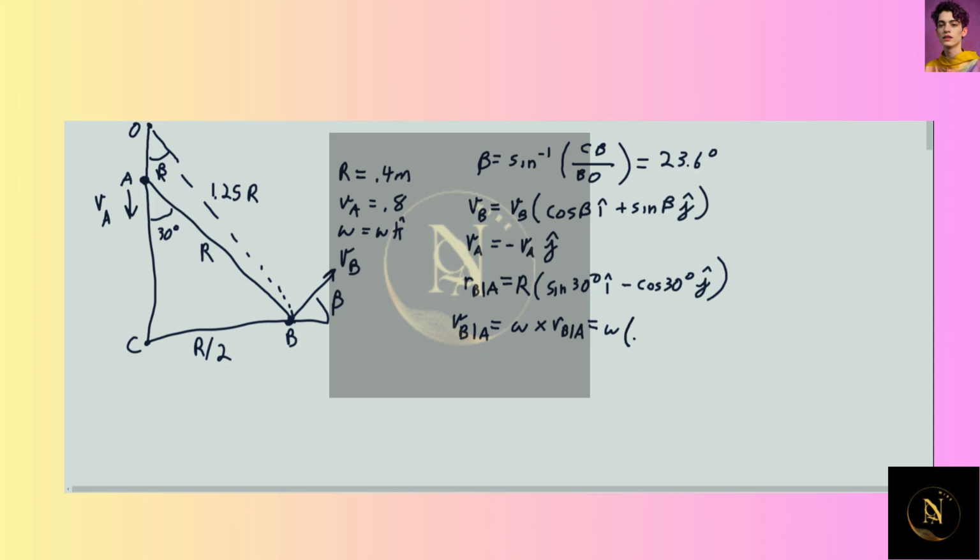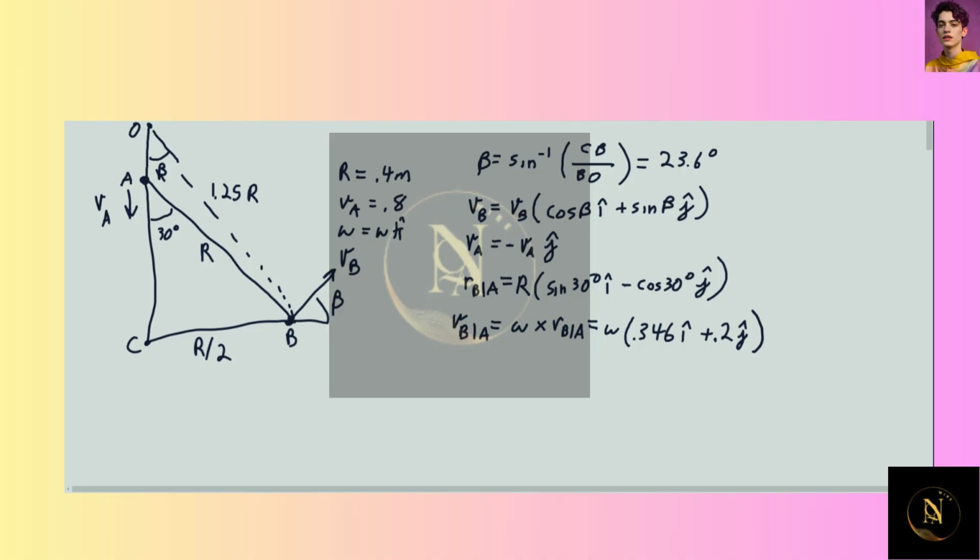That all comes from k hat cross i hat giving you a j hat, and k hat cross j hat giving you a negative i hat. So this will give us an omega times 0.346 in the i hat direction plus a 0.2 omega j hat.